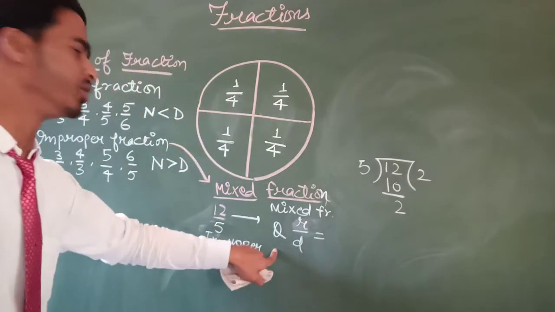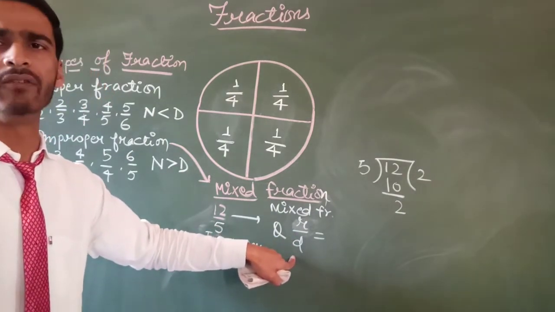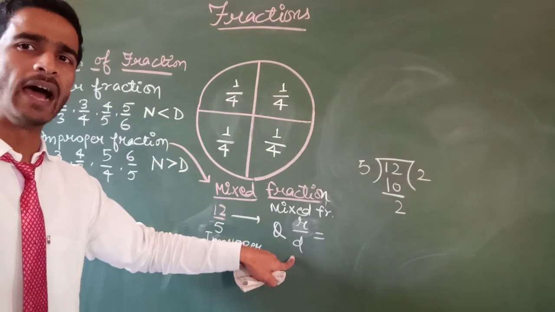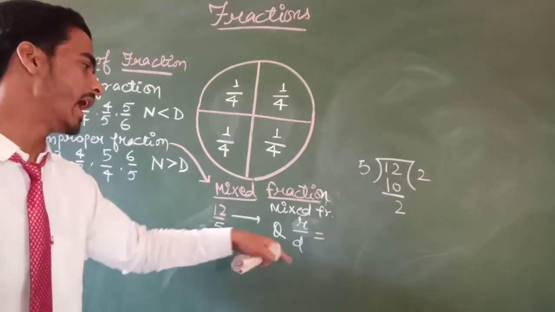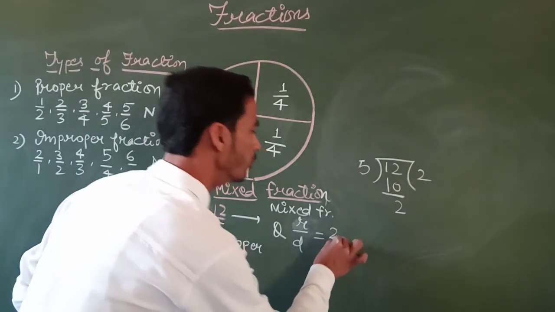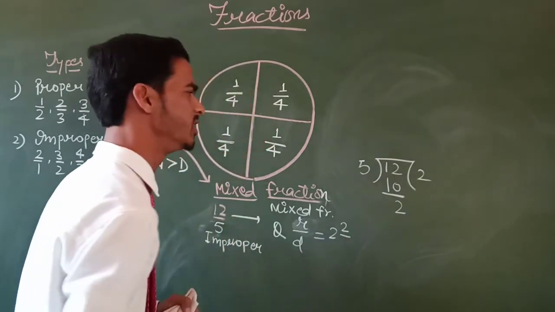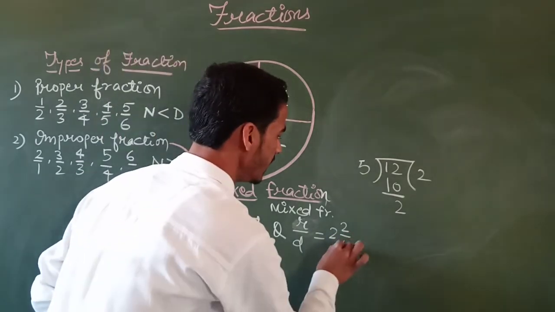Here q is the quotient, r is the remainder and d is the divisor. So q is 2, r is also 2, and d, the divisor, is 5.